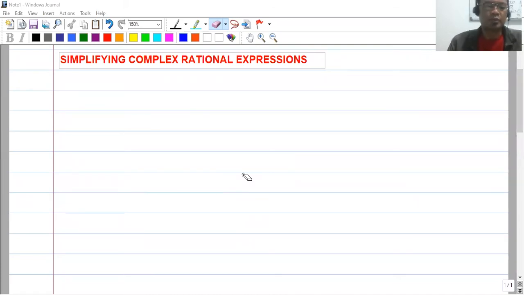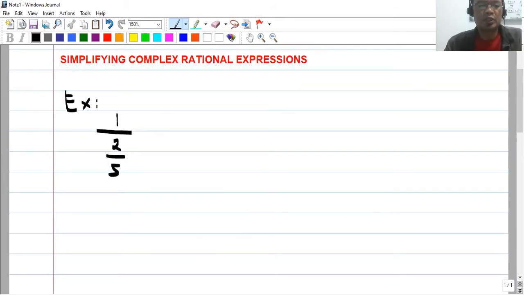So for example, we have 1 all over 2/5. Notice that our numerator is 1, and our denominator is a fraction, which is 2/5.